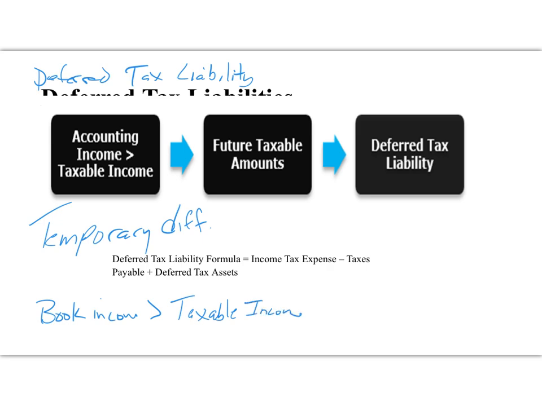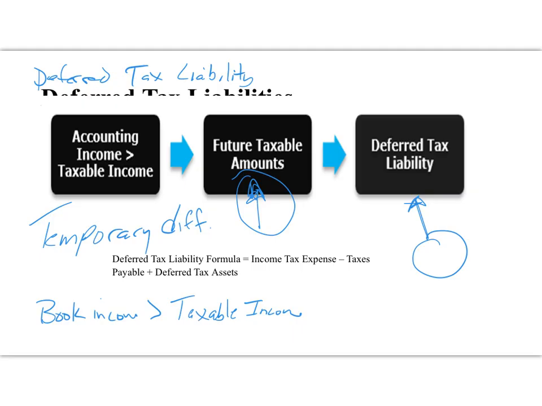So what does that mean? That means that we're generating future taxable amounts, because if book income starts out larger than taxable income, we deducted things early on, and now we're going to generate future taxable amounts as those amounts reverse, and that is going to end up with a deferred tax liability, meaning later down the road, we are going to have more tax liability.